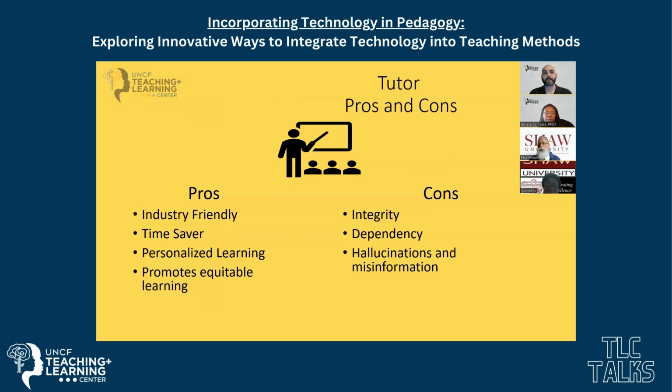And they were saying that with the help of AI, their students with disabilities were feeling equitable and able to engage at a higher level. That's a real pro. If this can help our students make up for learning gaps, we need to do this.